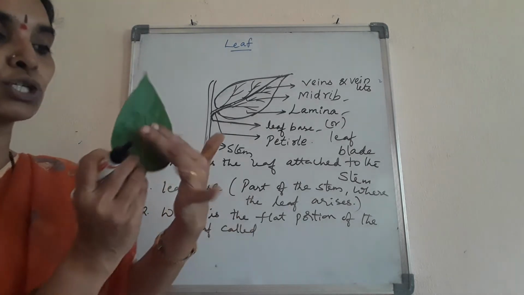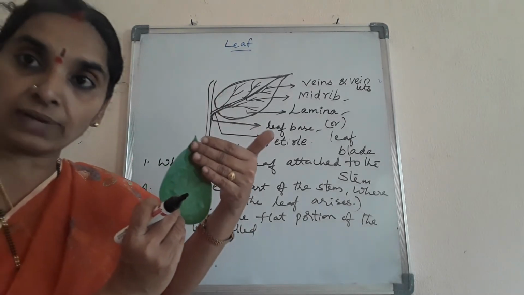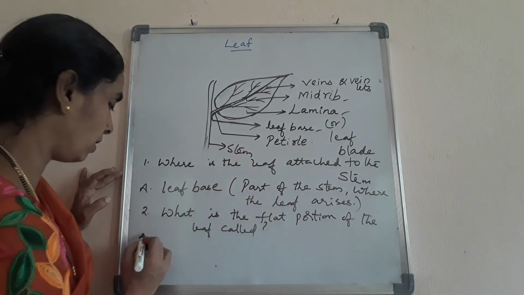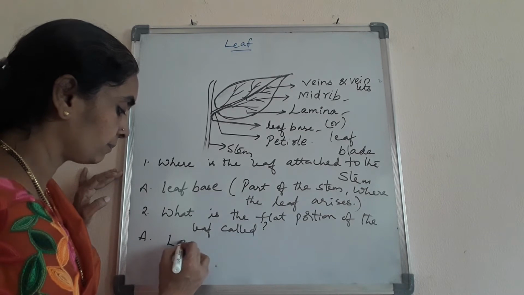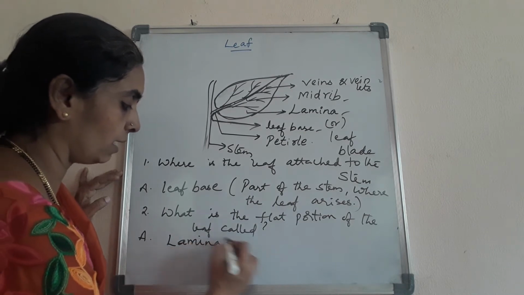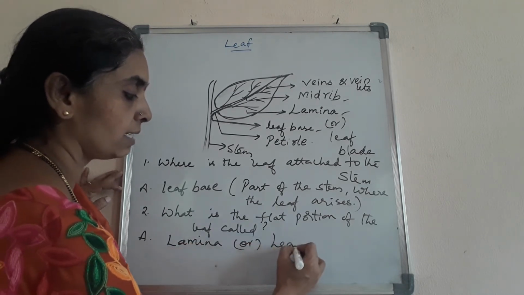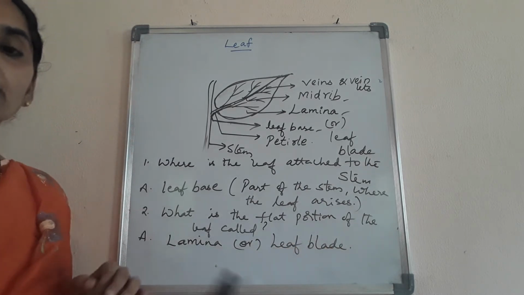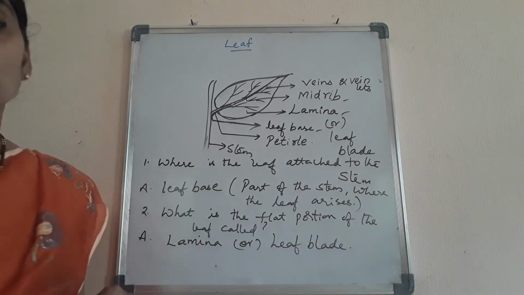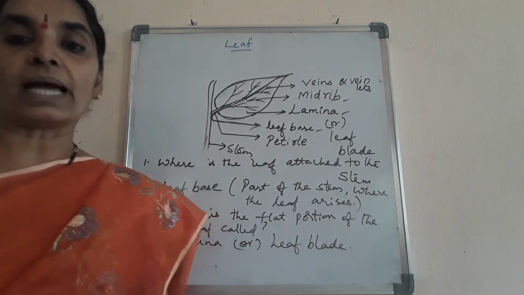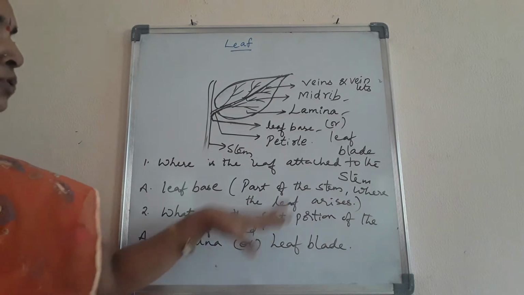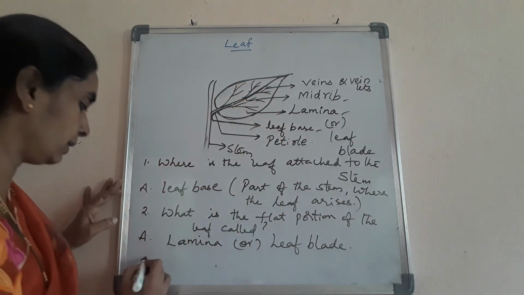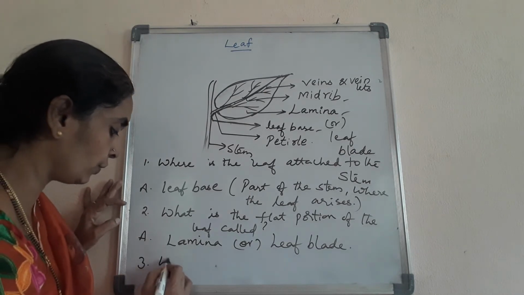So the flat portion of the leaf is called leaf lamina or leaf blade. Is it clear, children? And the next question we'll see here. What do you call the small line-like structures in the flat portion of the leaf? The third one.